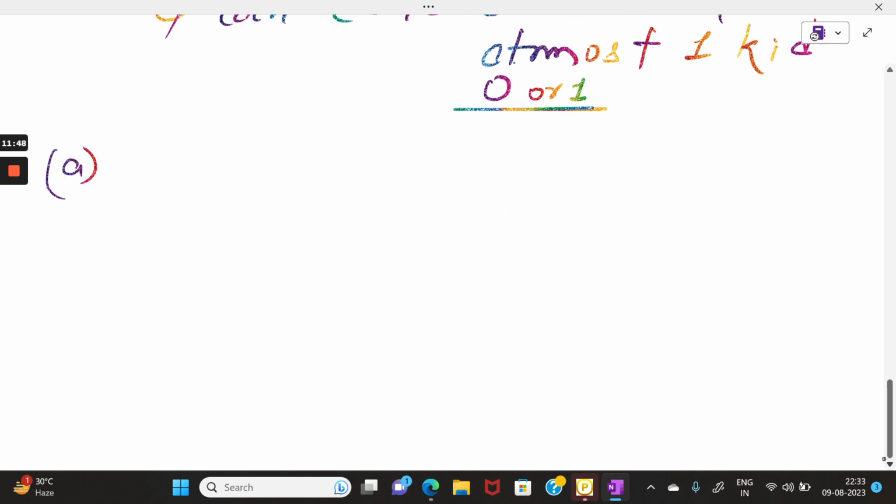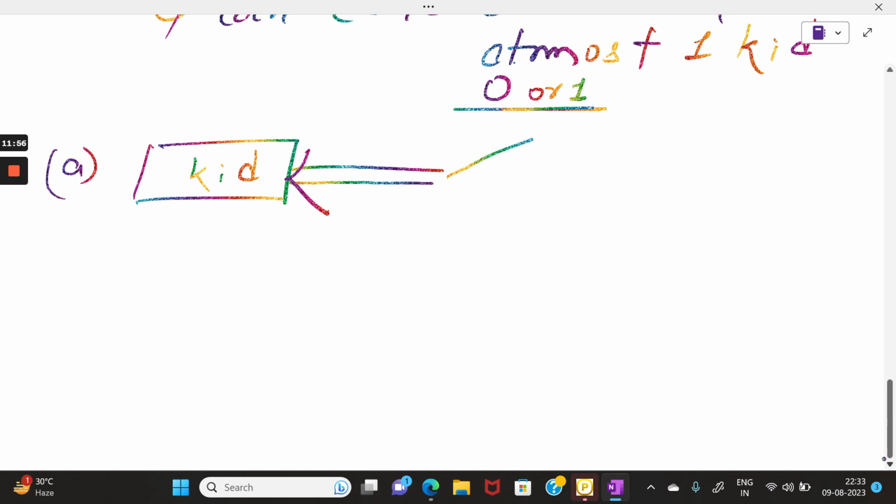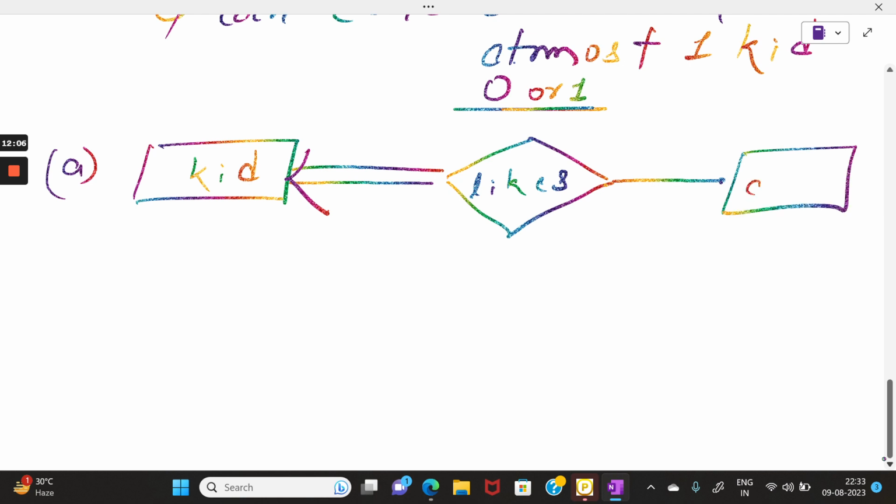So the options. We have this kid as one entity set, and this, you remember, is a relationship set, and this is the likes, and this is for the candies. When we talked about the total and partial participation, right?